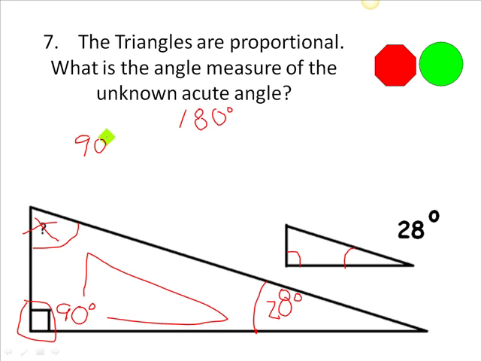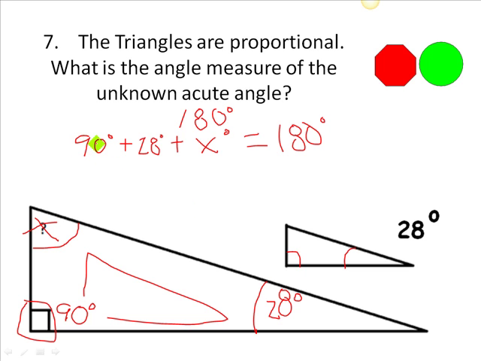So let's say we got 90 degrees plus 28 degrees plus some unknown degree. We know that that equals 180 degrees. Well, to find out how much x is, we can just subtract 90 from each side. That's a pretty easy thing to do.